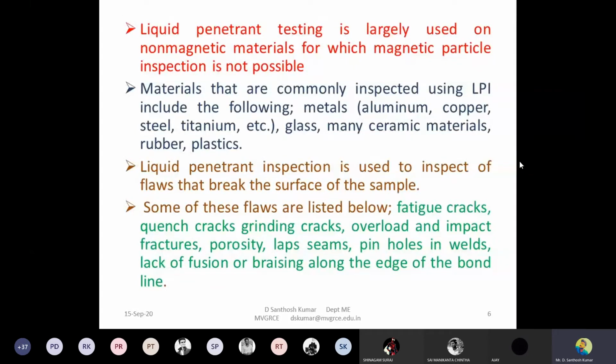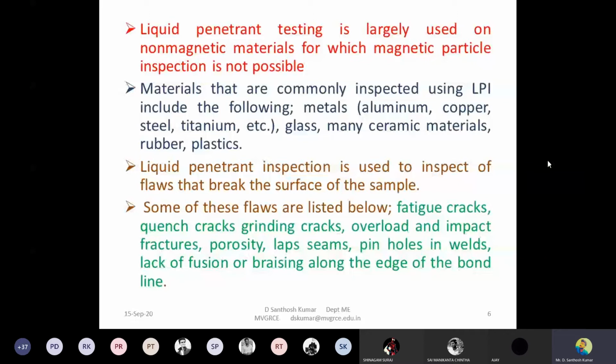That is the reason why you use liquid penetrant testing for non-magnetic materials. You can use it on magnetic materials also, nothing will happen. So you can use it for both. Here you can use it for metals as well as glass, ceramic, rubber, plastic, any kind of materials. There is no limitation in the materials.